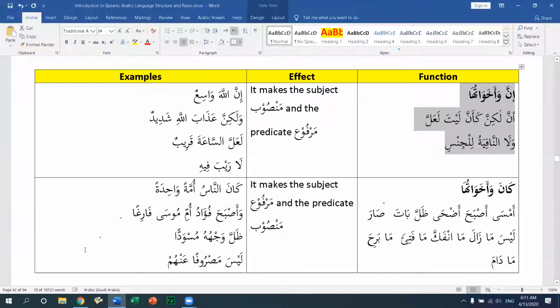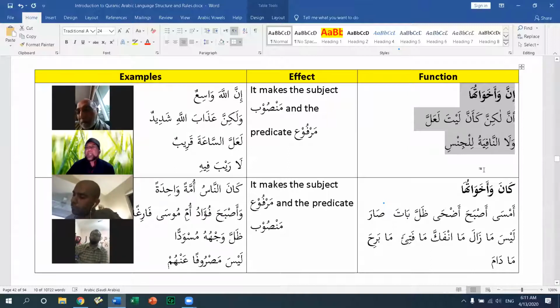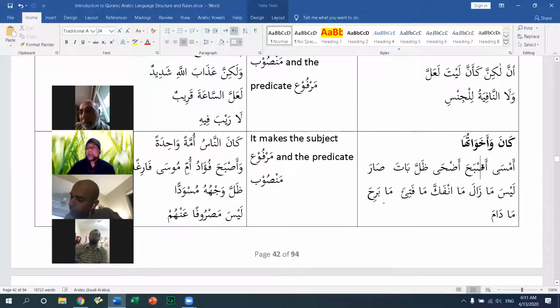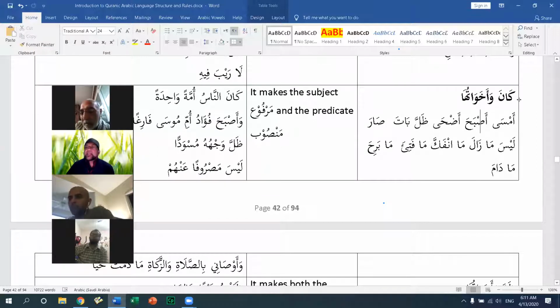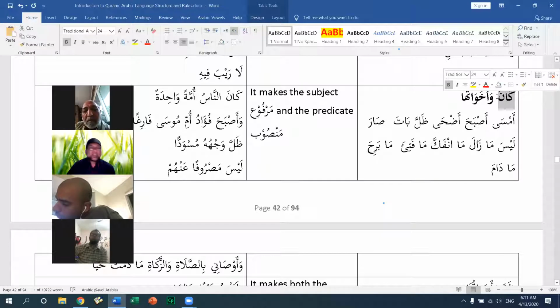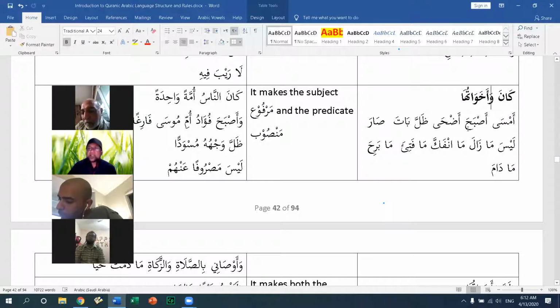Okay, coming back to kana wa akhawatuha, it has the opposite effect. Kana literally means was or he was. Wa akhawatuha amsa, asbaha, adha, zalla, bata, sara, laysa, and mazala.